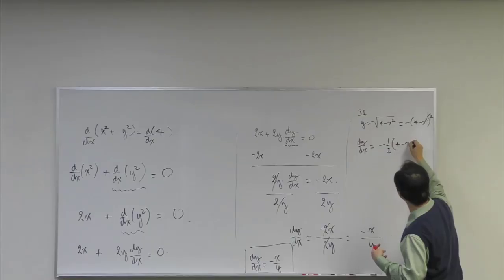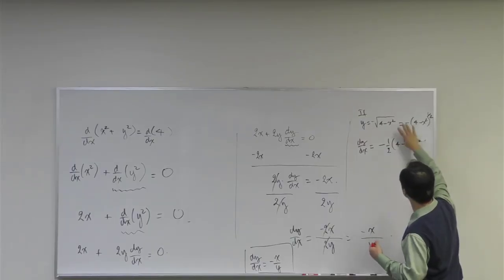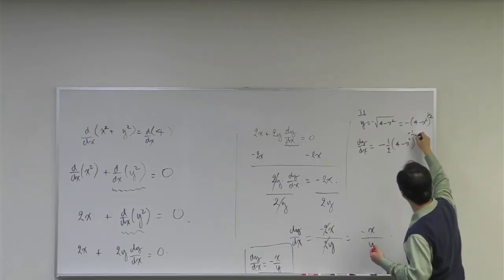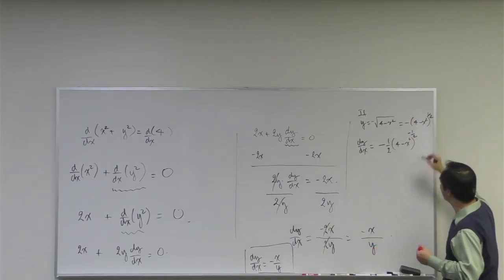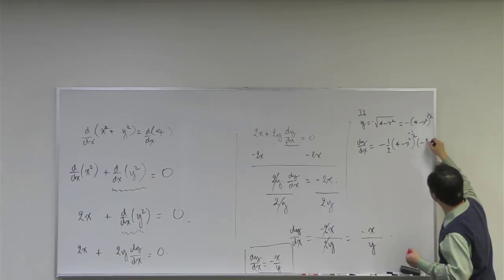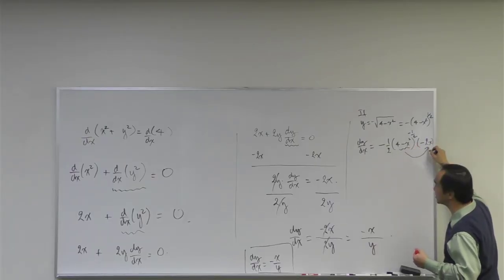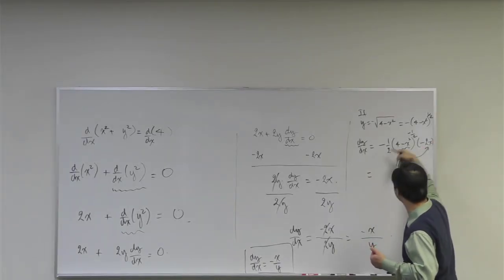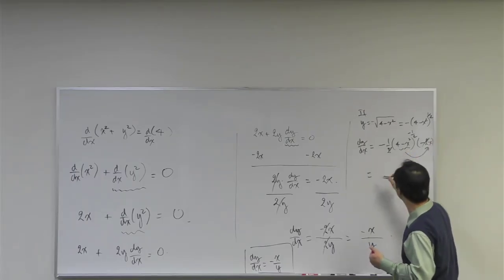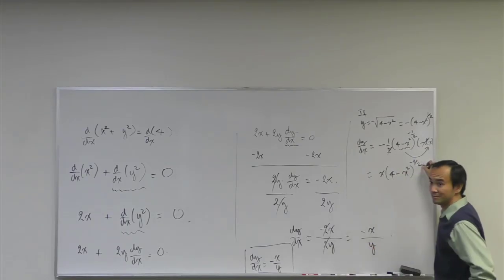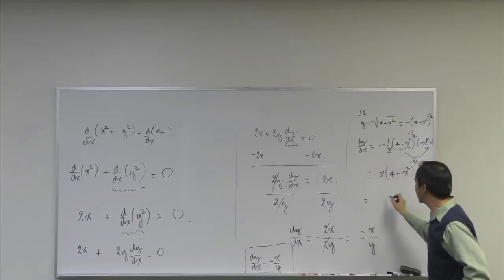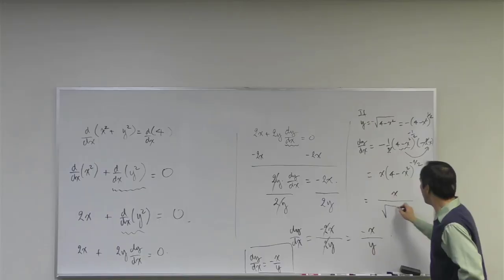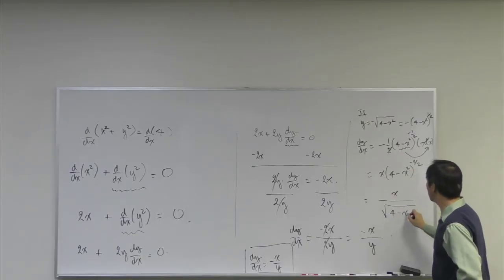Okay? 4 minus x squared, according to chain rule, the derivative of the outside function, making it now power to the -1/2, right? We multiply with the minus 2x, derivative of the inside. And now, let's cancel out. So the negative with the negative cancel out, making it positive, the 2 cancels with the 2. So that's going to be positive x times 4 minus x squared to the -1/2 power. Okay? So that means we can rewrite it as x over positive square root of 4 minus x squared.